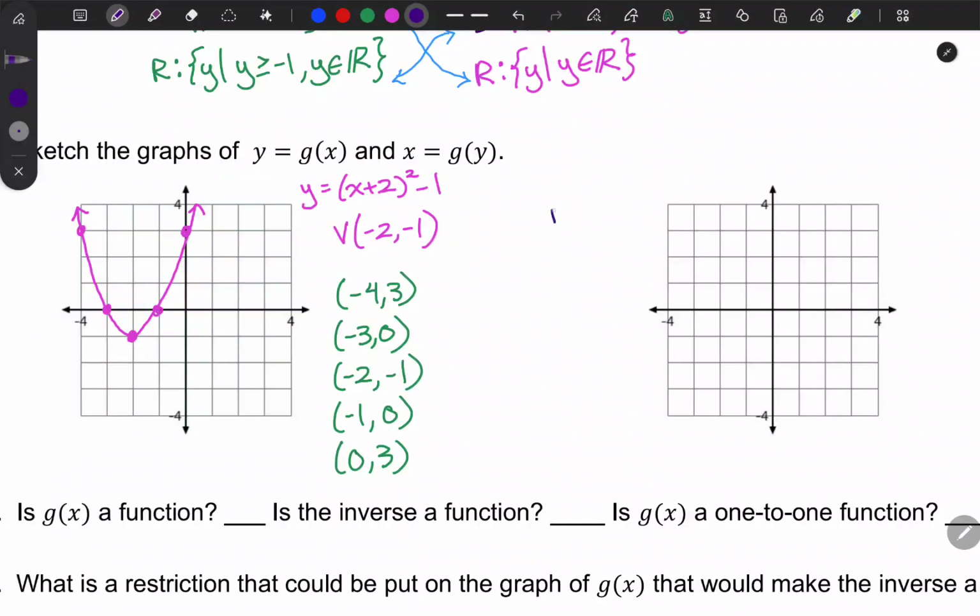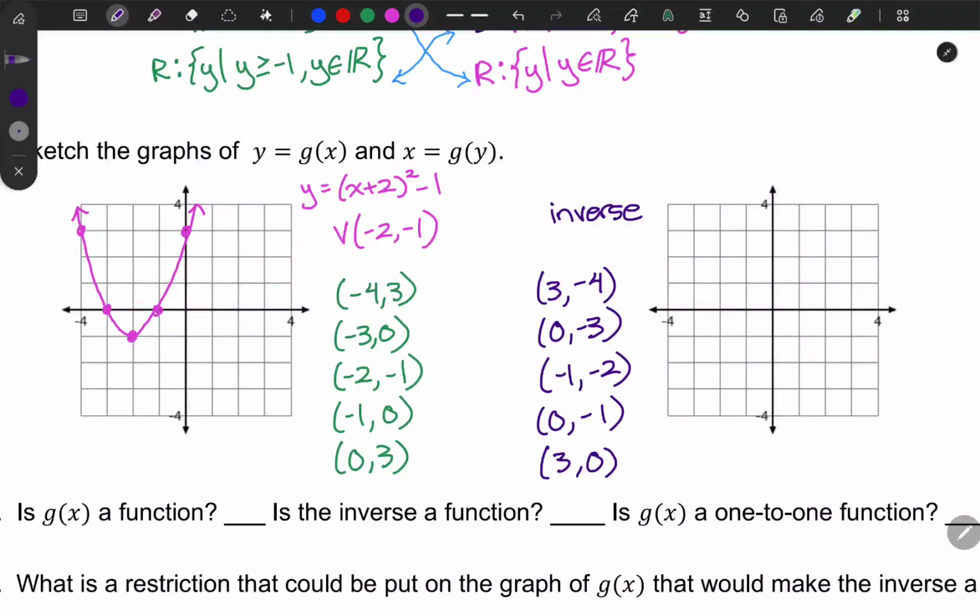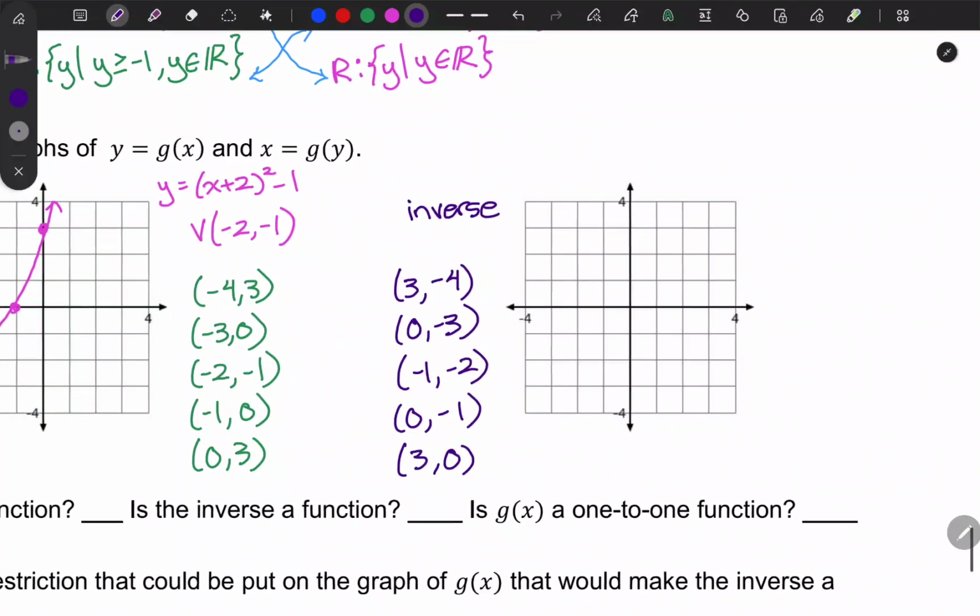For the inverse, we just switch our x and y values. So point at 3, -4, 0, -3, -1, -2, 0, -1, and 3, 0. And let's sketch those in.